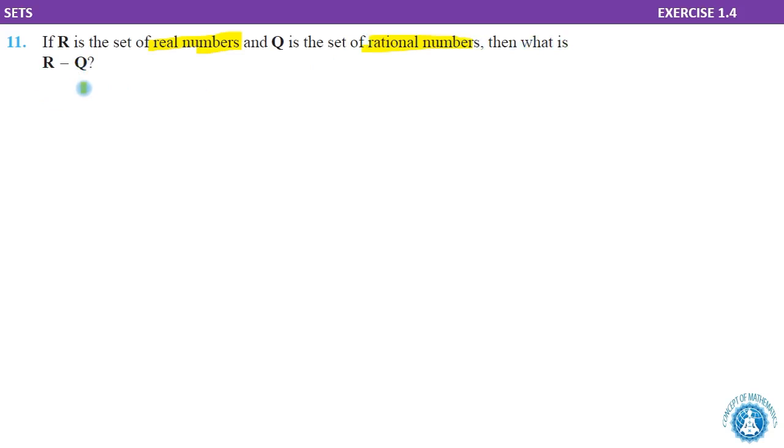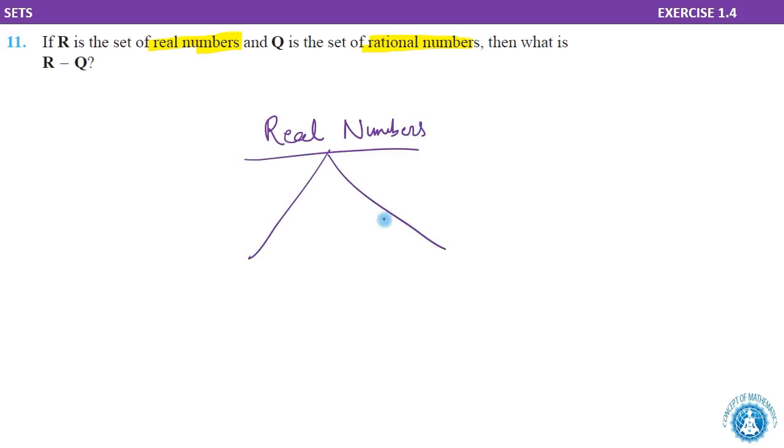Okay, so we already know that by definition of real numbers, real numbers are of two types. Okay, one is rational and the other is irrational, correct?